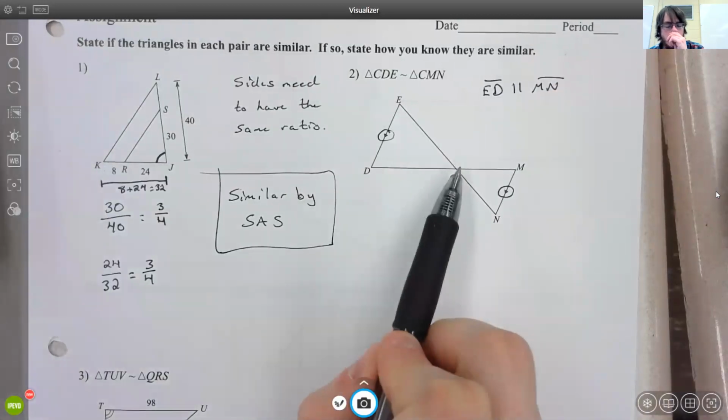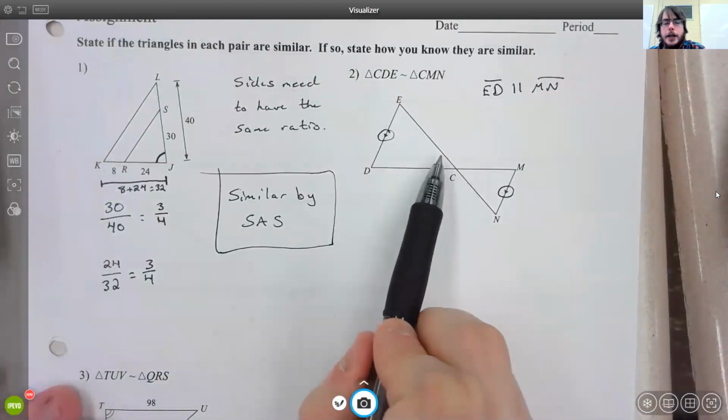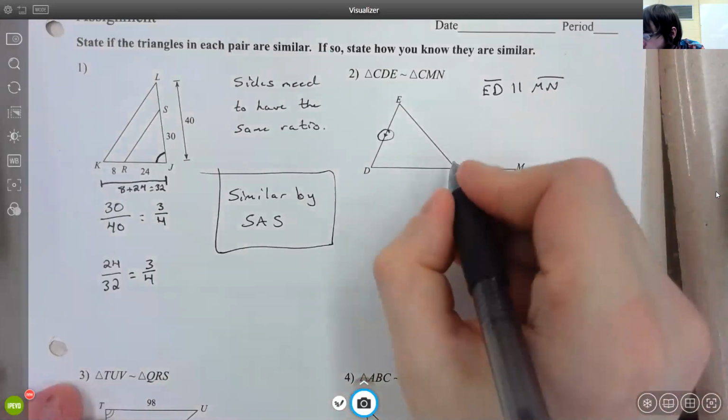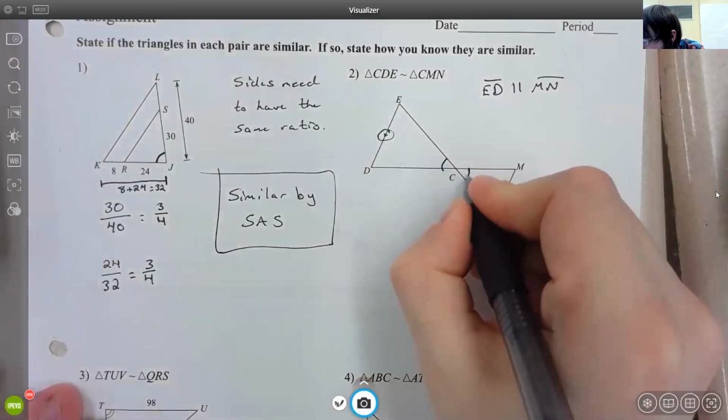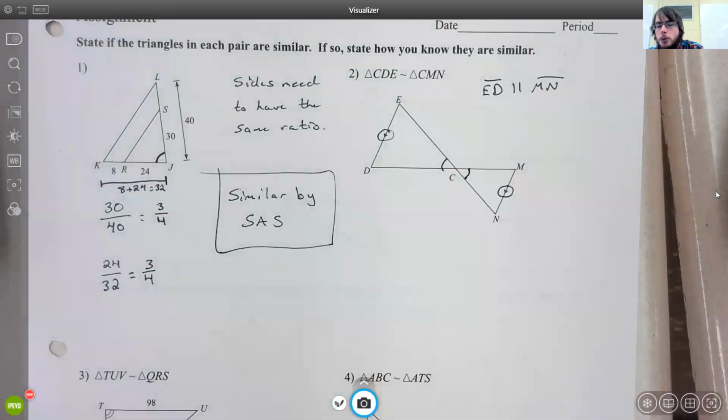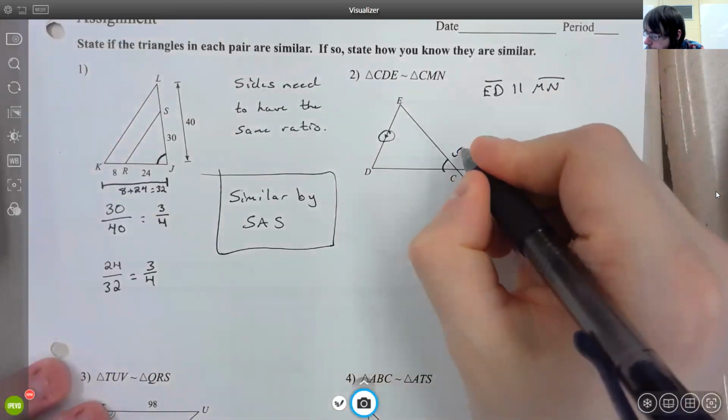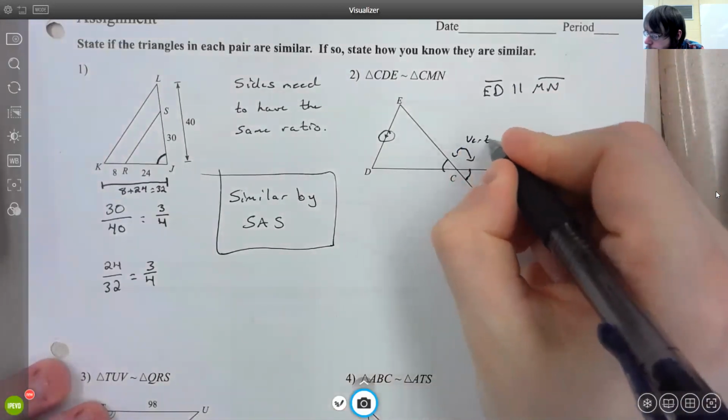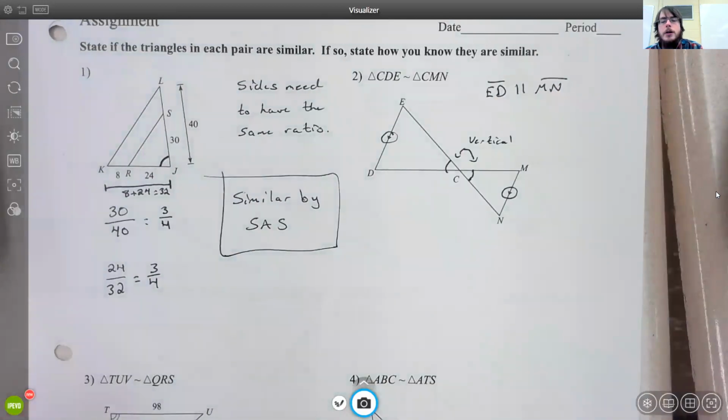They meet at that point in the middle at C. And we know that these two angles of these triangles must be congruent because they're vertical angles. So now we have one pair of angles that's congruent.